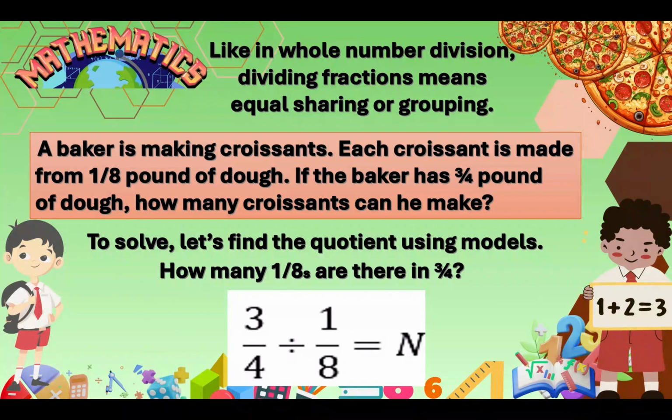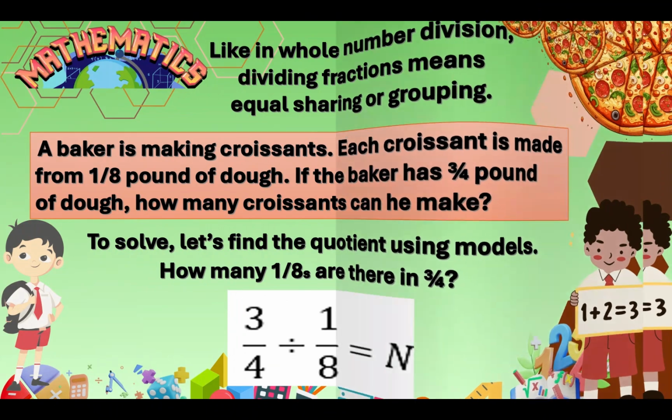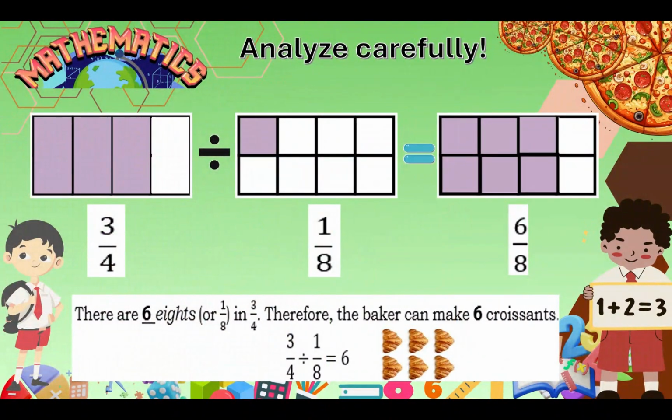So we have 3/4 divided by 1/8 equals n, or still unknown. Now let's analyze carefully. We have 3/4 divided by 1/8 equals 6/8.